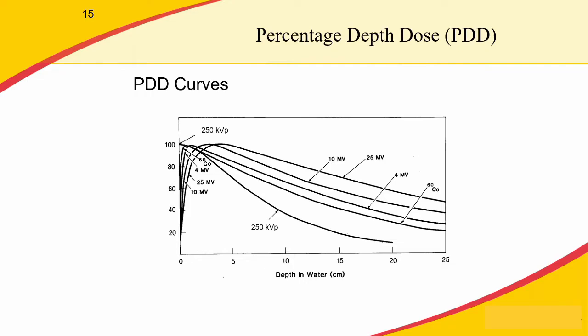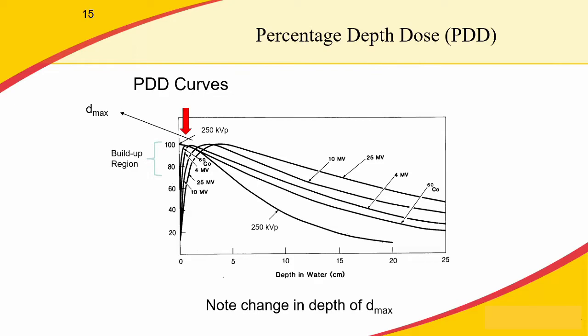For each treatment beam energy, we will measure a PDD curve, typically done at the time of commissioning of a machine. What you see from these PDD curves is that as the beam energy increases, the depth at which maximum dose occurs, here D max, shifts deeper and deeper into the phantom or the patient.